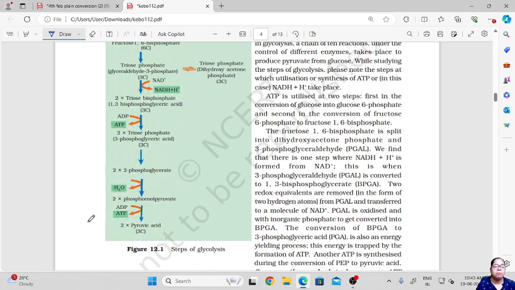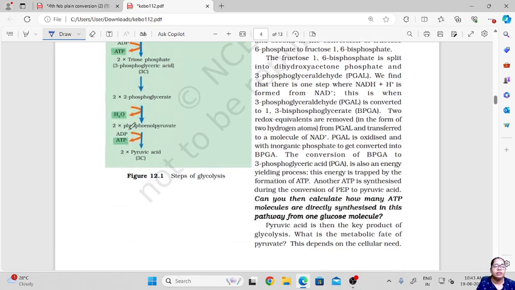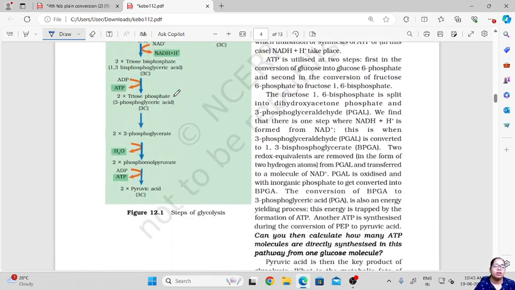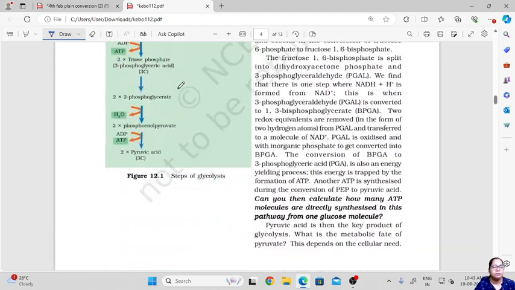Then it forms the pyruvic acid, which will then further give you the ATP, which is used to produce energy in the cell. So this is how the stepwise glycolysis process occurs in plants.